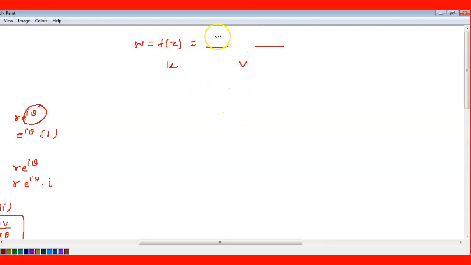We do this by substituting z equals x plus iy if you are working in the Cartesian form. Then you differentiate u with respect to x, del u by del x, and u with respect to y, del u by del y.